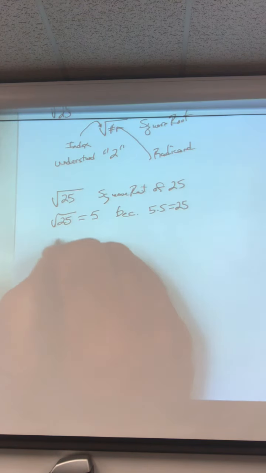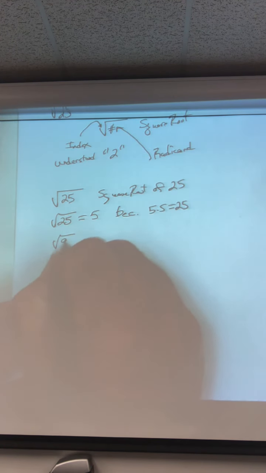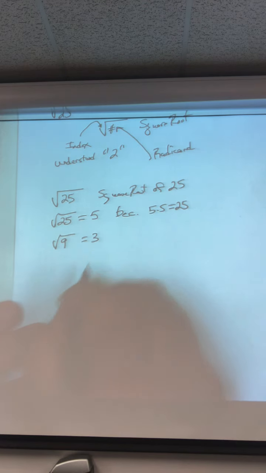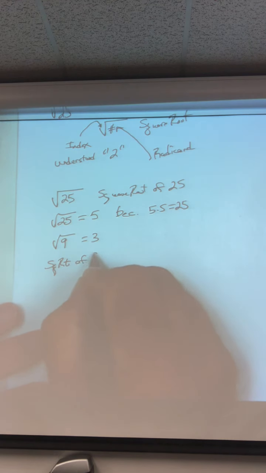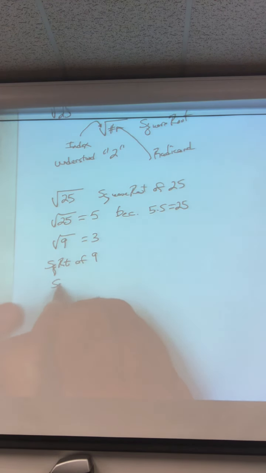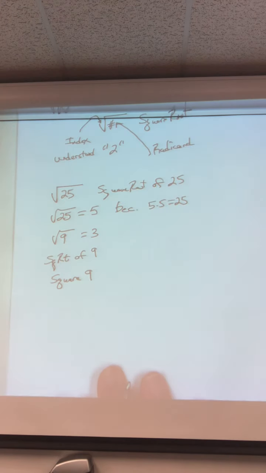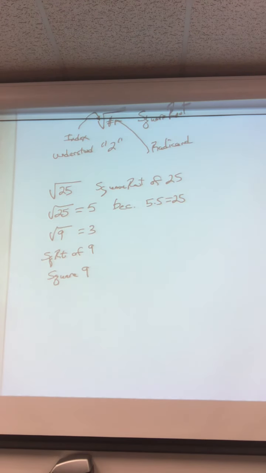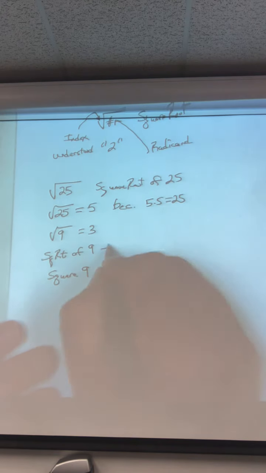Now there's a difference, let me do one more. Square root of 9, of course, is 3. There's a difference in saying square root of 9 and square 9. The square root of 9 is written this way.